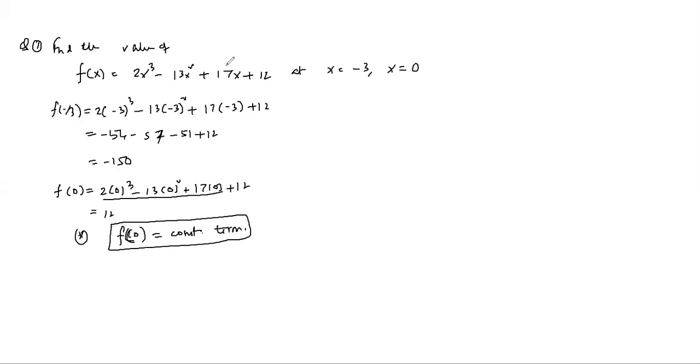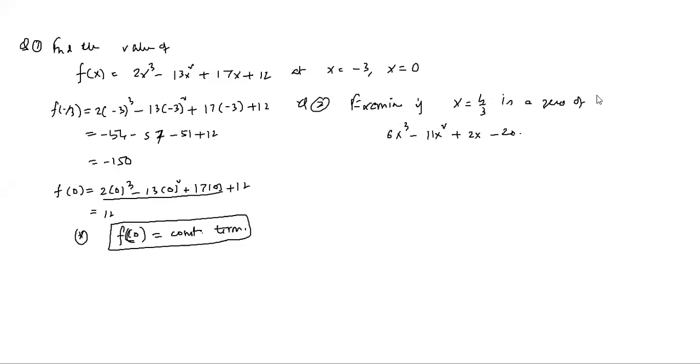This is the next question, number 2. Examine if x equal to 4 by 3 is a zero of 6x cubed minus 11x squared plus 2x minus 20.